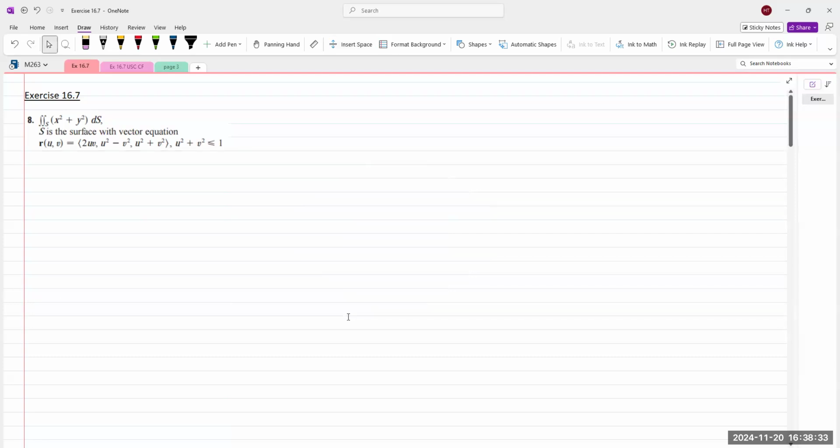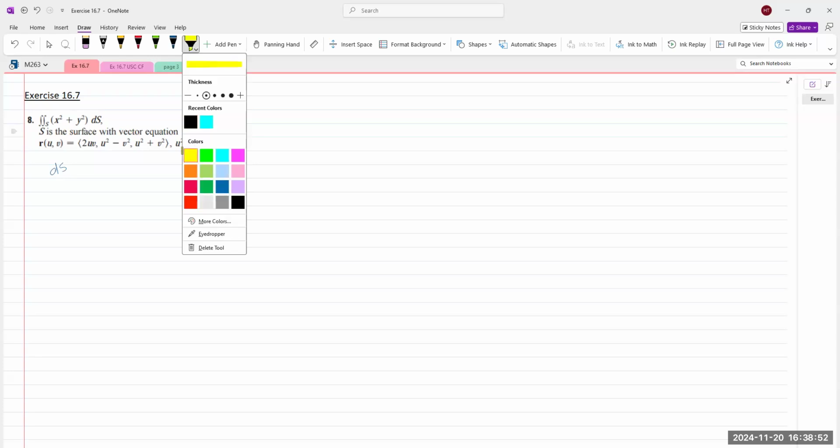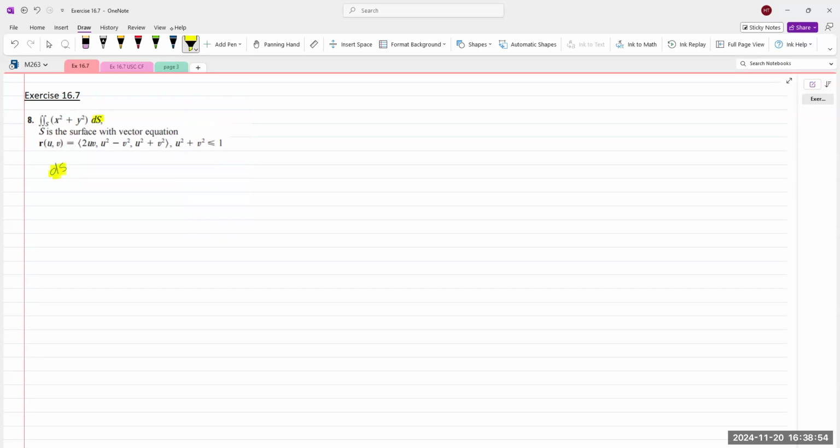We have double integrals over surface S, where the surface is parameterized by u and v. How do we do this? So I need to first think about this ds, to remind ourselves that it is actually equal to the magnitude of r sub u cross r sub v dA.